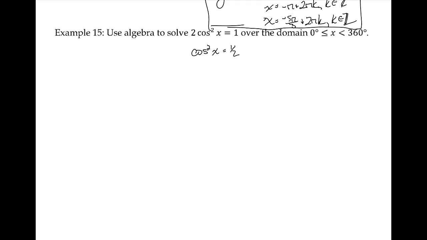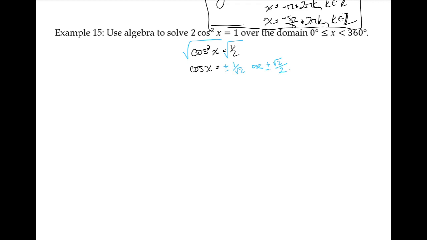But the tricky part of this question, because there are so many variations of these equations, is that I want to get rid of that square, which means I want to introduce a square root. But when I introduce a square root, if you recall from last year, I don't know if that answer is positive or negative. So when I write my next line, I just know that it's one or the other of 1 over root 2, or if you want to convert it into rationalized radical form, that.